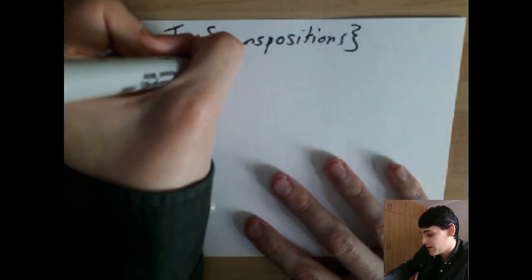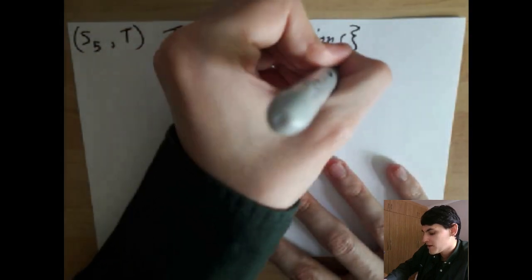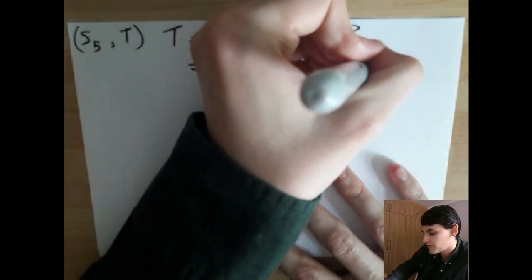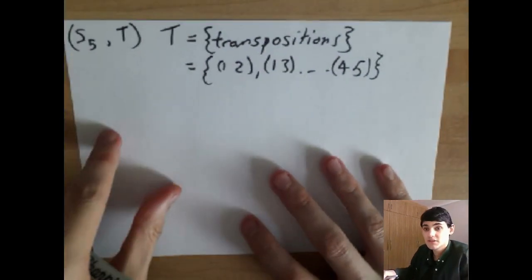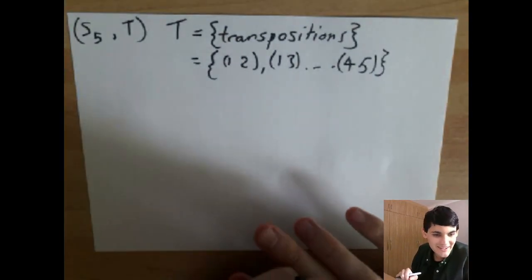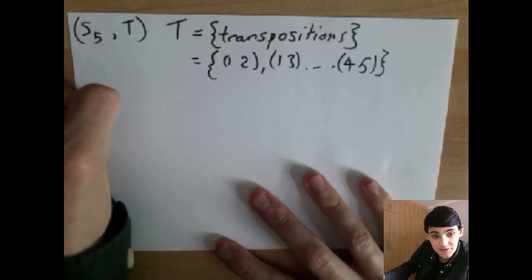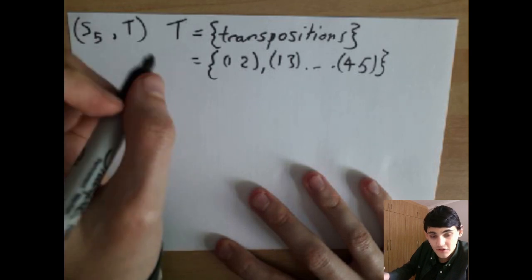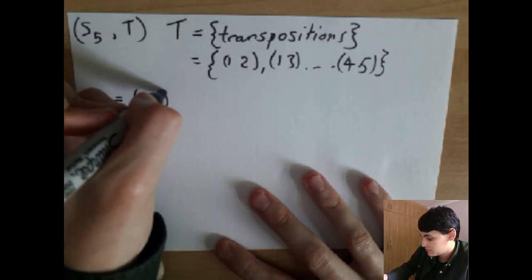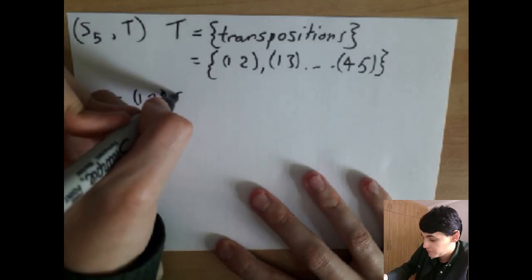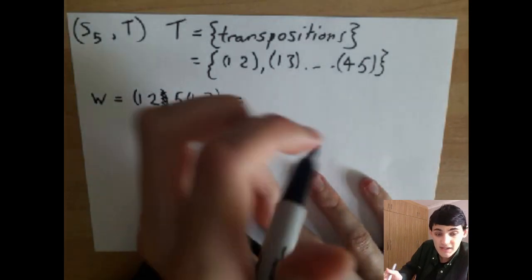So this is (1 2), (1 3), up to (4 5). Okay, so let's take again W equal to (1 2 5 4 3), as it was earlier.